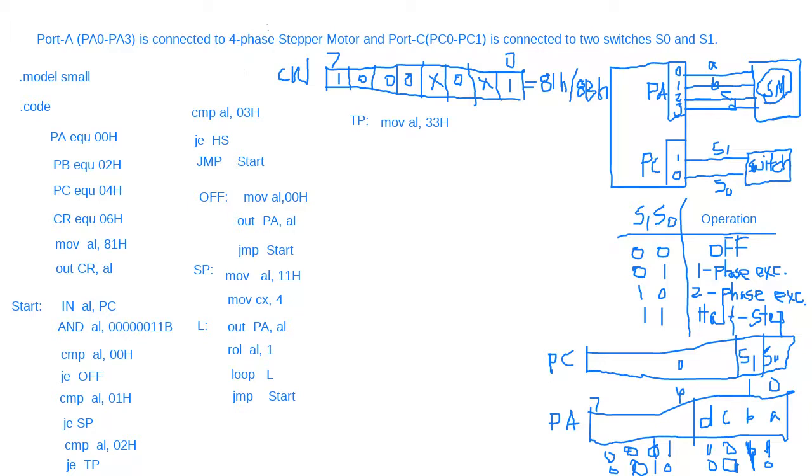And also the counter should be 4. MOV CX, 4, and then OUT port A, AL, and then ROL AL, 1, and then LOOP, so it will come up here.